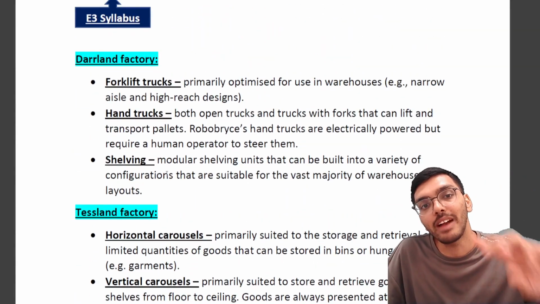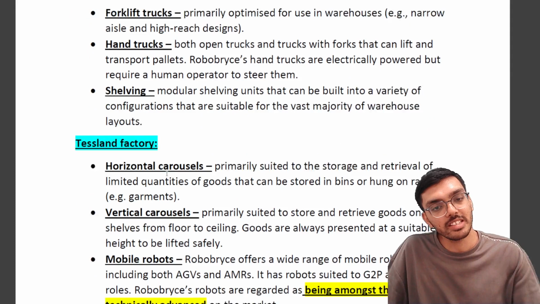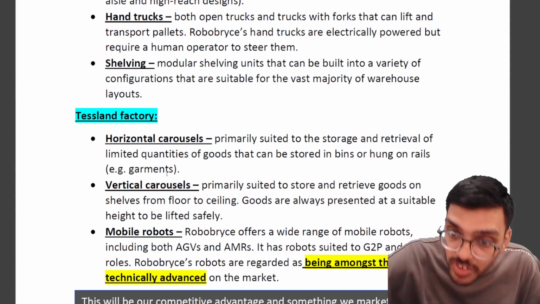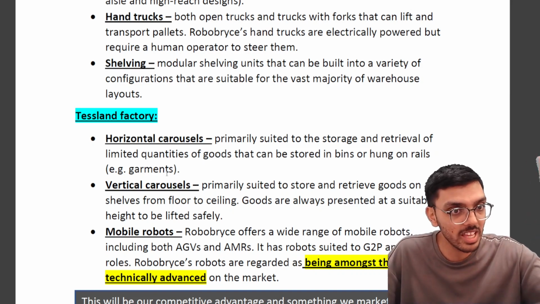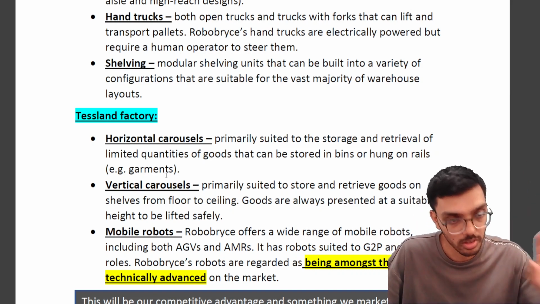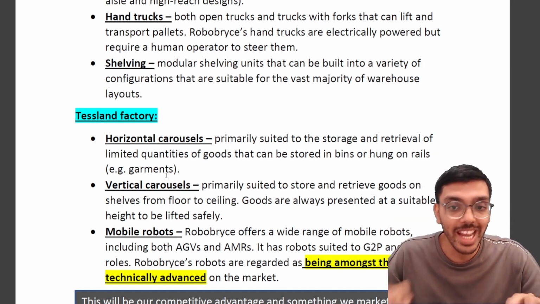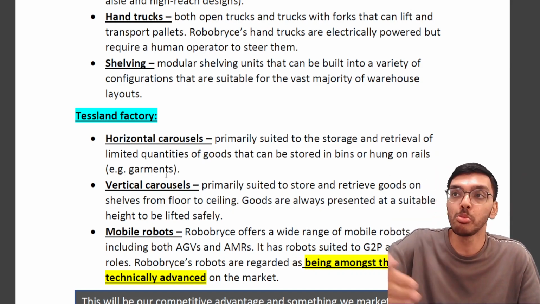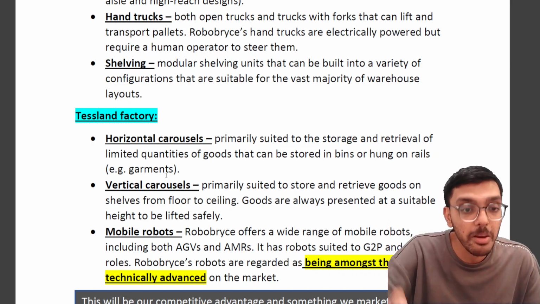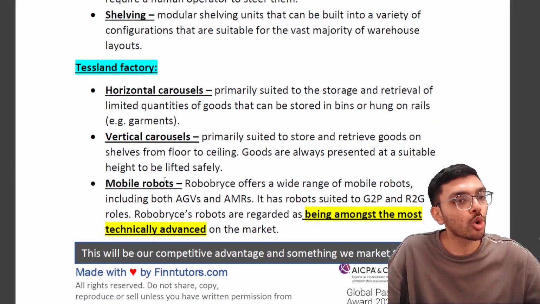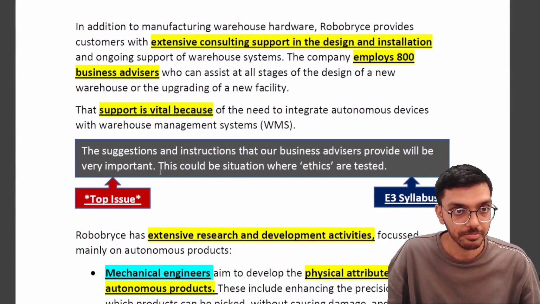So my Darland factory looking at 3 things, Tesland factory looking at 3 newer areas of the market which we know are growing because they have told that to us. We studied that before, where from 2 billion to 8 billion the market is projected to move towards for AMRs. So the Tesland factory is looking at the more growth oriented market.